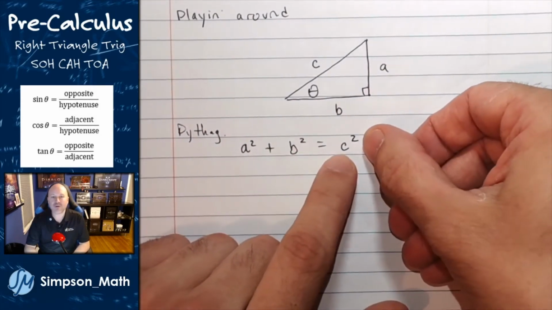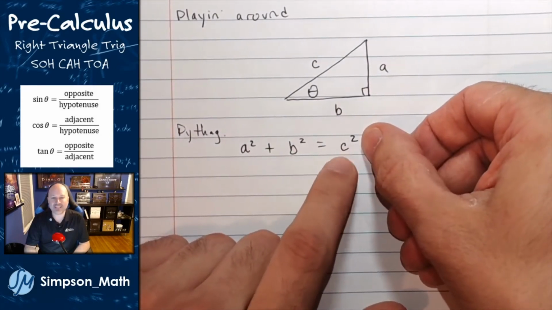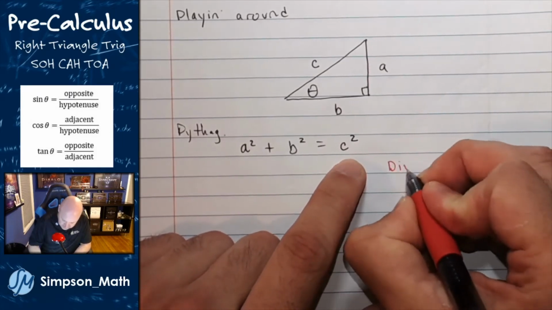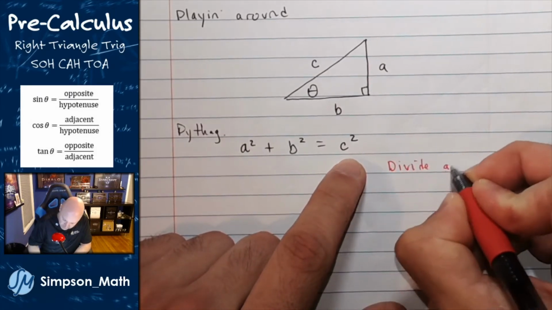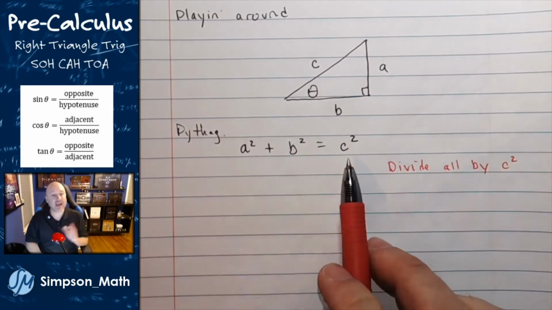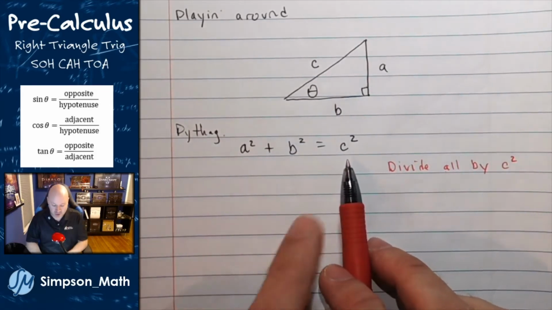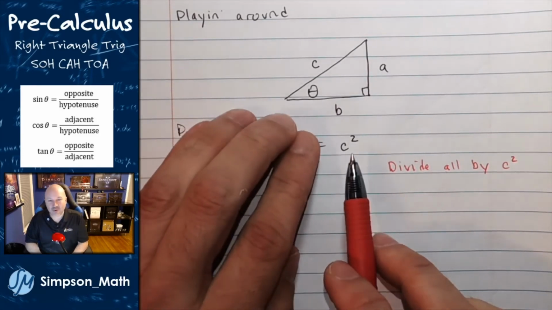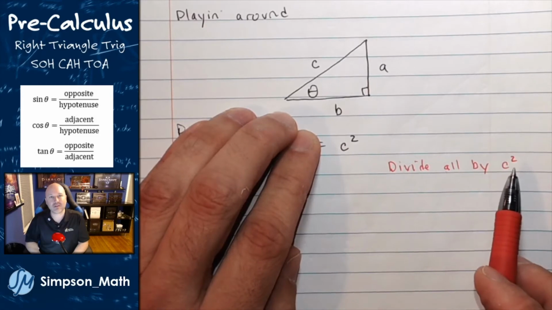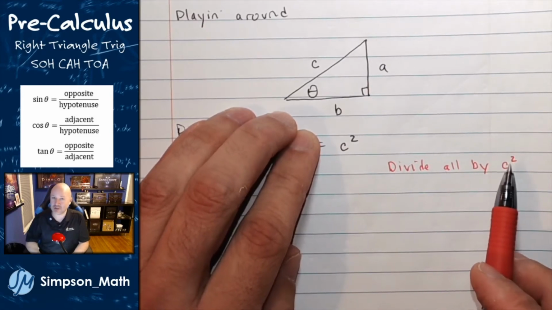In fact, what if I were to divide by c squared? I can divide by any number. You just told me so. So if I divide the right-hand side, c squared divided by c squared, would that just turn into a 1?